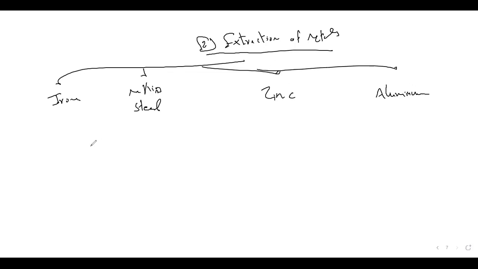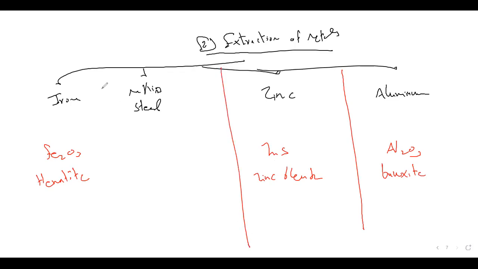Extraction of iron from iron oxide, hematite, this is the ore. Extraction of zinc from zinc blende or zinc sulfide. Extraction of aluminium from aluminium oxide, which is called bauxite. So the ores are iron oxide, called hematite, zinc blende or zinc sulfide, and aluminium oxide or bauxite.